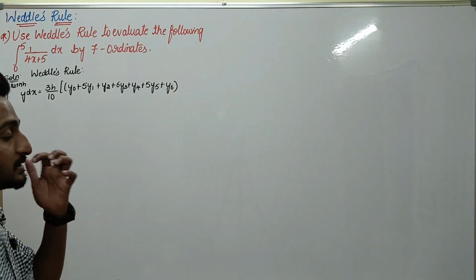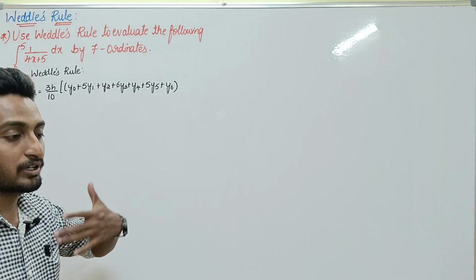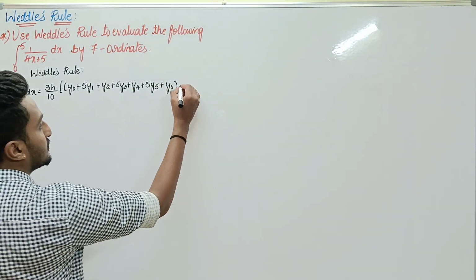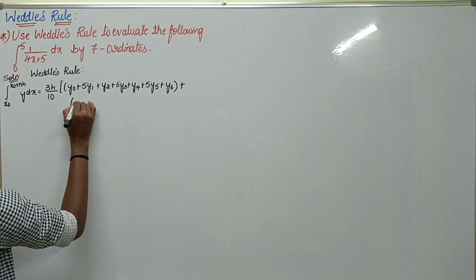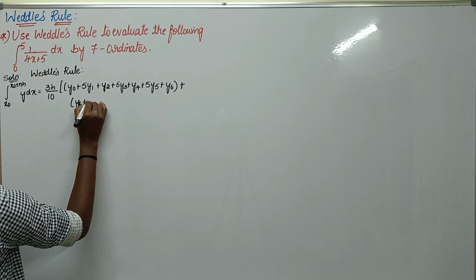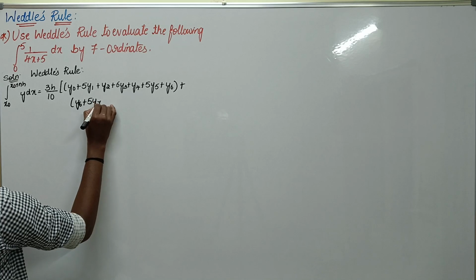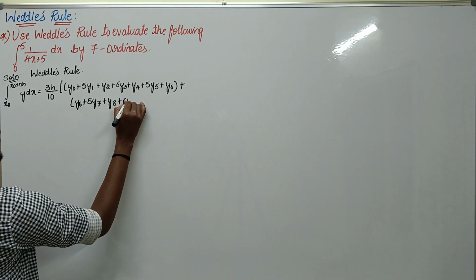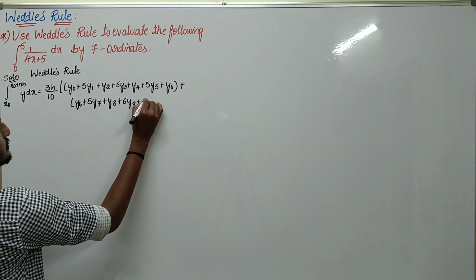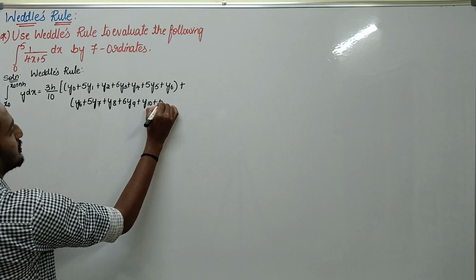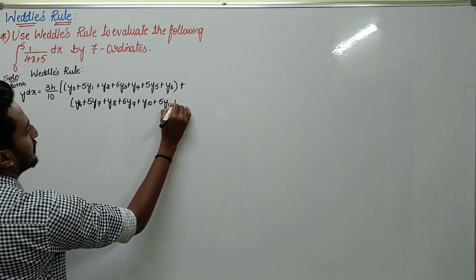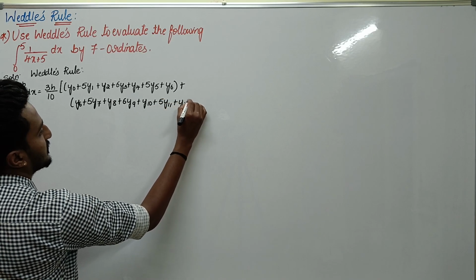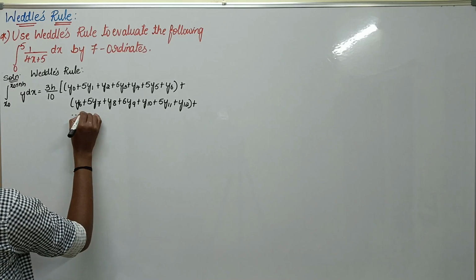Till here we can consider up to 6 intervals. If they have given 12 intervals, plus y6 plus 5y7 plus y8 plus 6y9 plus y10 plus 5y11 plus y12, goes up to etc.